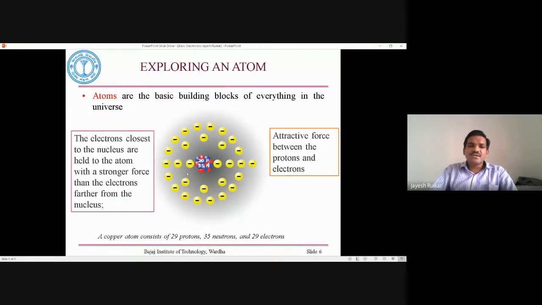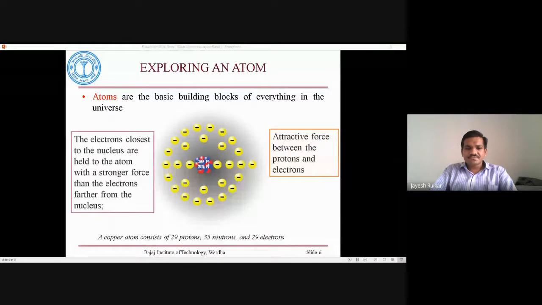They start moving from one atom to another atom. This is the concept.